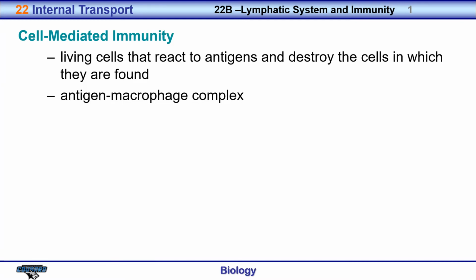And so when this macrophage starts to eat an antigen, the two together, the antigen and the macrophage, make what we call an antigen macrophage complex. And it will also stimulate a helper T cell. So these T cells have other cells that help them out.